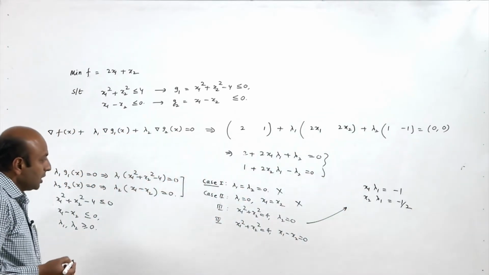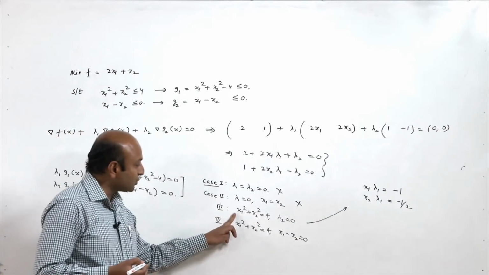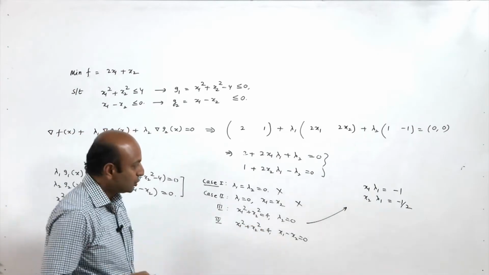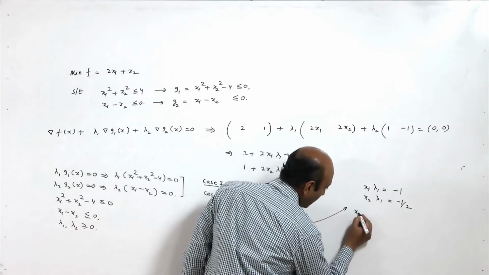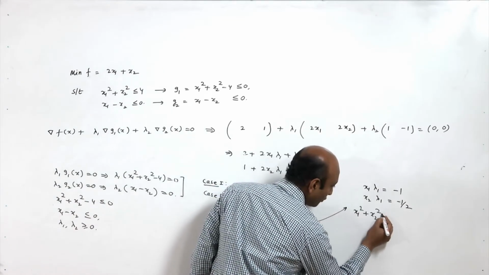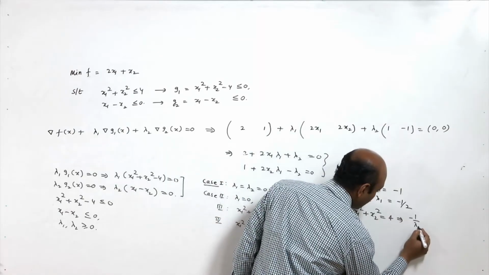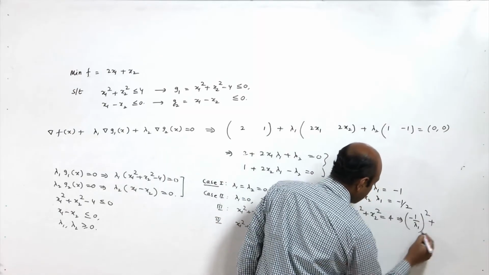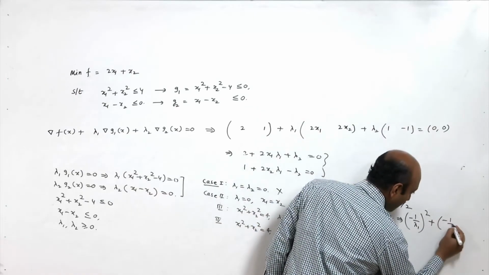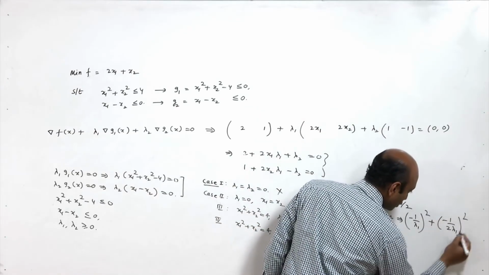Now, x1 square plus x2 square equal to 4 also. So, when you apply this condition, we obtain (minus 1 by lambda 1) whole square plus (minus 1 by 2 lambda 1) whole square should be 4.